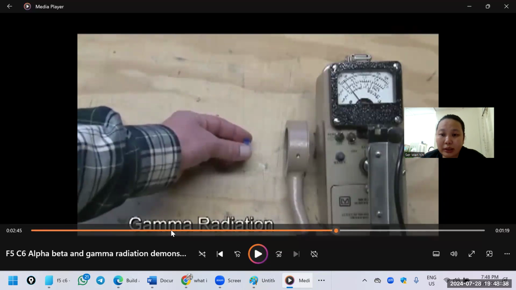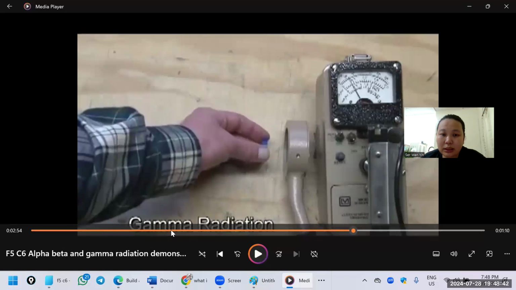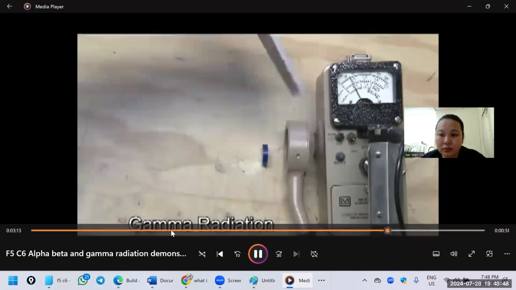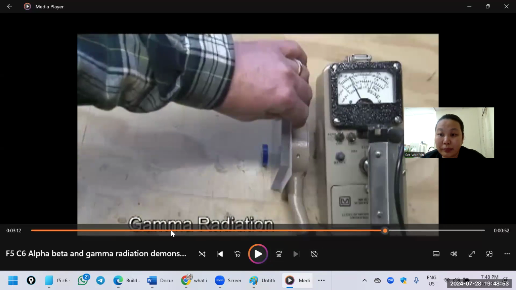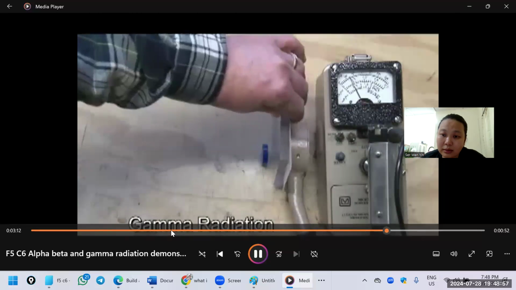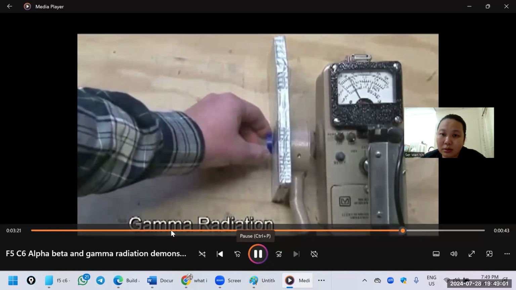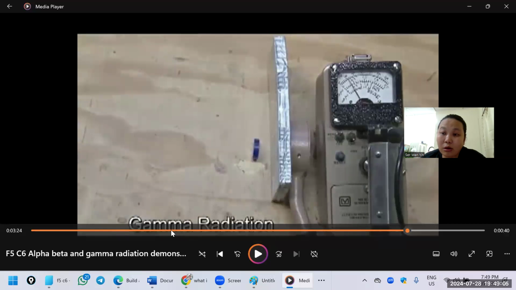Okay. Gamma ray, we need thicker and denser media, metal. Paper and glass also cannot block, so penetration power is higher. This is lead or concrete.